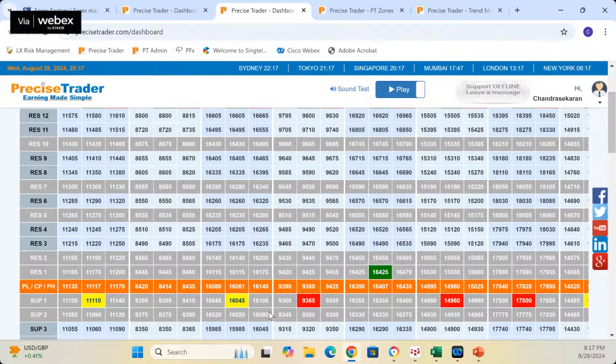So the entry, I can enter at 80 or at market. That decision would be based on looking at the chart. Okay, let me go back to the chart.